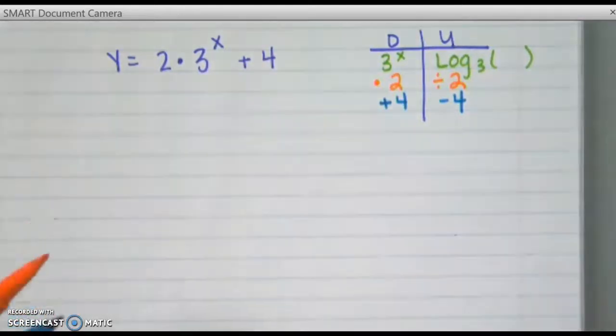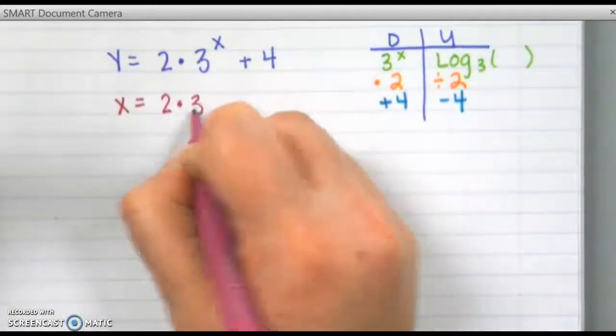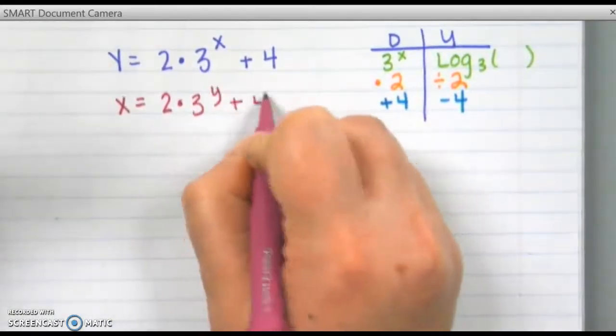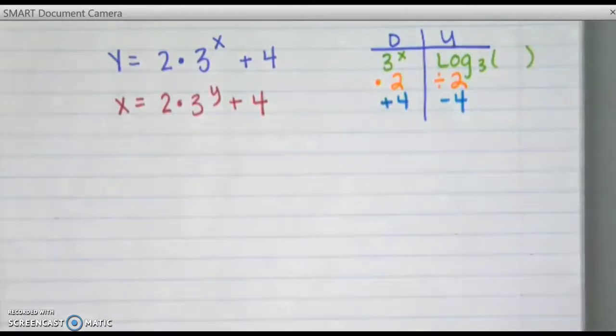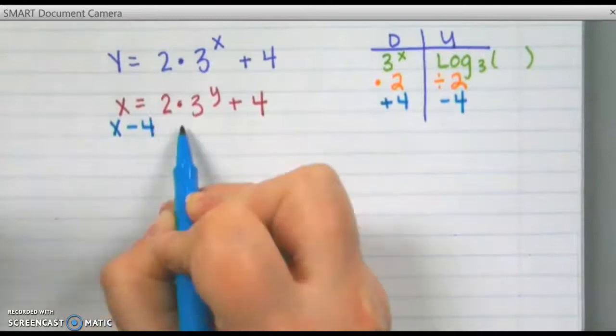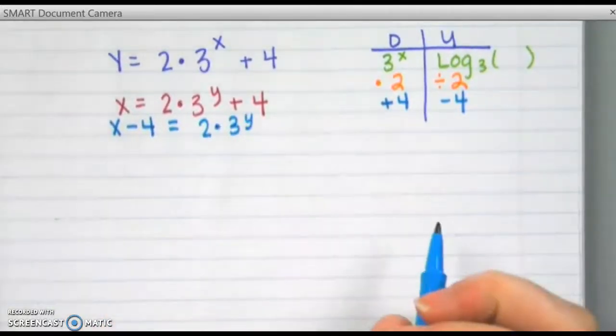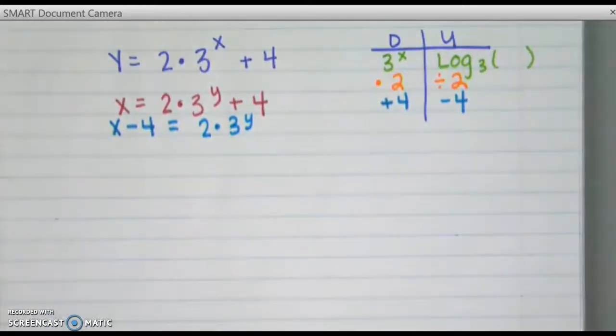All right, so I'm going to swap the x and the y. All right, my first step is subtract 4. So now this side is going to look like x minus 4. And the 4 from the right-hand side is gone. I'm going to divide by 2.